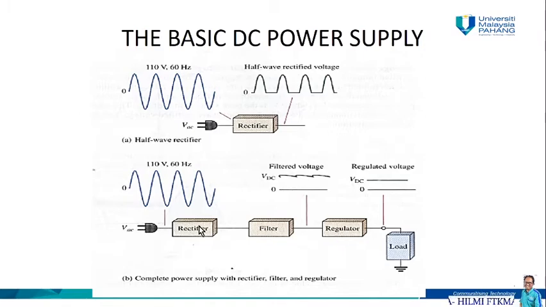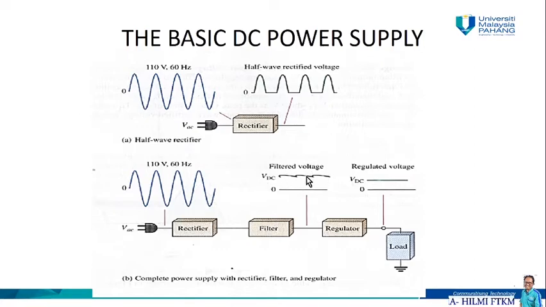Basically, the AC current is going to flow into the rectifier, and we are going to have the half wave rectified. And then we have the filter. This is an example of a filtered voltage. We have a capacitor inside the filter, and then we have a regulator. The function of the filter is to eliminate the fluctuation in the rectified voltage from the rectifier, and it's also going to produce a relatively smooth DC voltage.